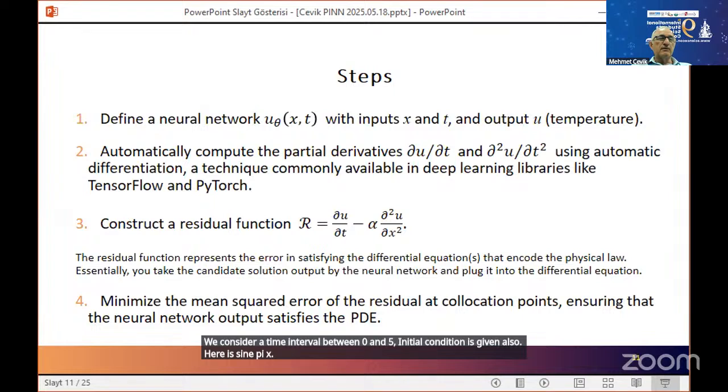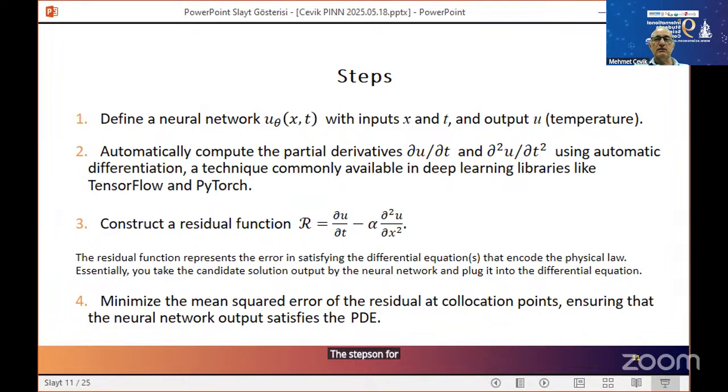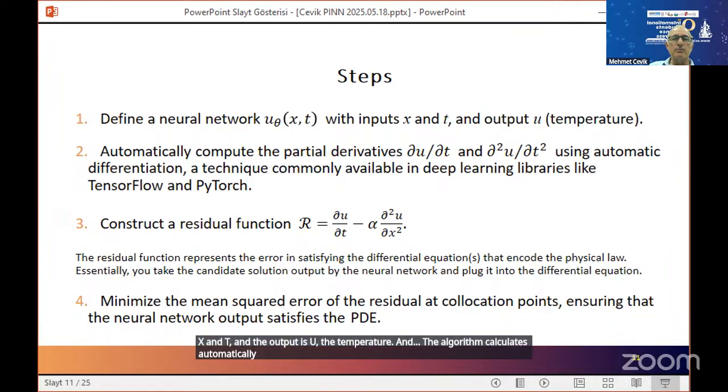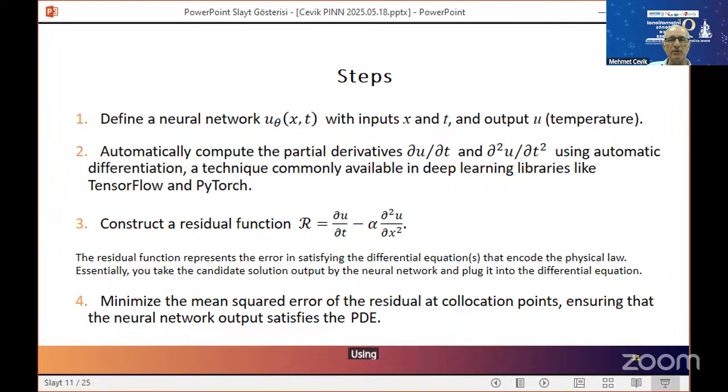The steps for solving the problem, or finding a solution, are as follows. We define a neural network solution, denoted as u_θ, with inputs x and t, and the output is u, the temperature. The algorithm automatically calculates the partial derivatives of the differential equation, the first derivative and second derivative, using its embedded libraries, then constructs a residual function, which is given here.